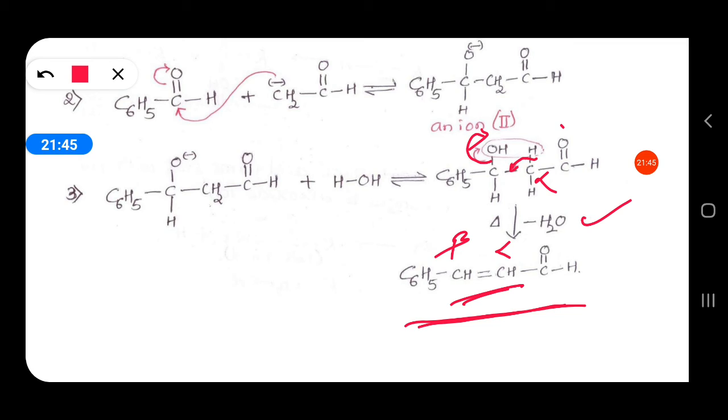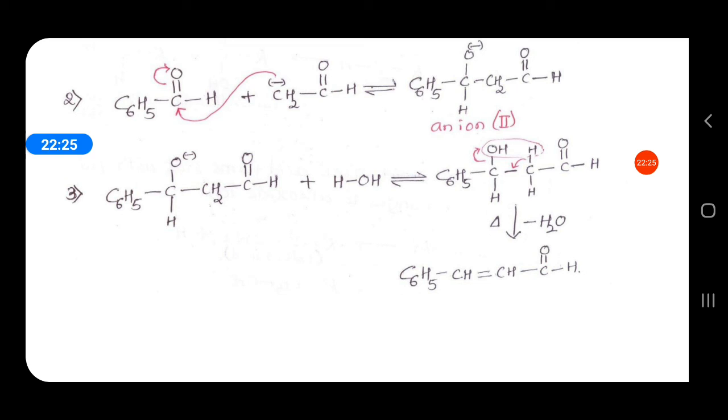But in the mixed aldol condensation, one molecule of benzaldehyde, that is aromatic aldehyde, which does not have alpha hydrogen, and one molecule of aliphatic aldehyde, which is having alpha hydrogen, both are reacting with dilute base and gives the condensation product, that is called alpha beta unsaturated aldehyde.